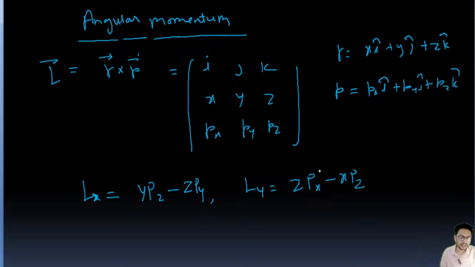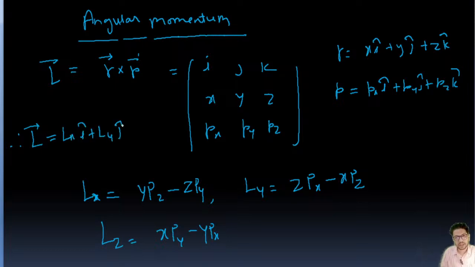And Lz is going to be x py minus y px. These are the values if you open it, and we get Lx, Ly and Lz, because L equals Lx i cap plus Ly j cap plus Lz k cap. These are basic things, right?